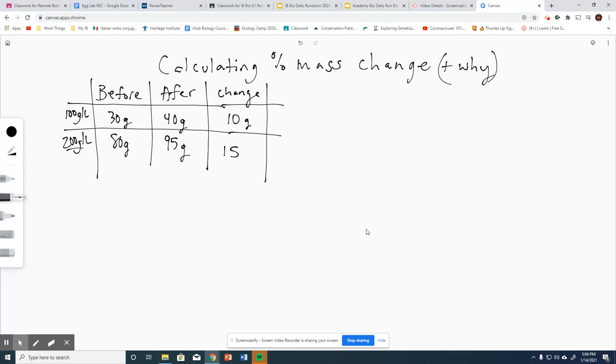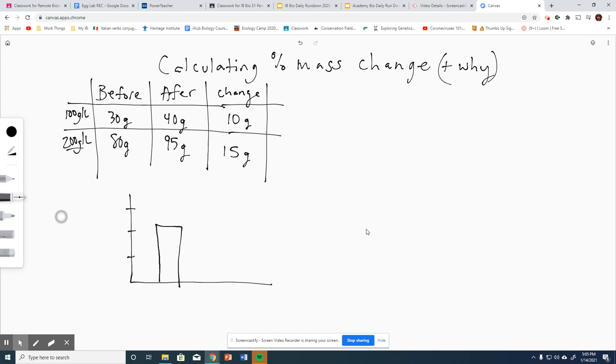So let's say if we graphed this here, this is going to be 10.